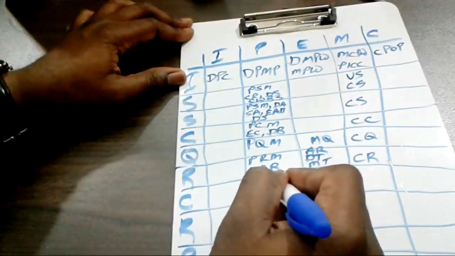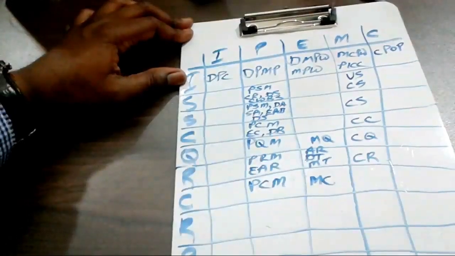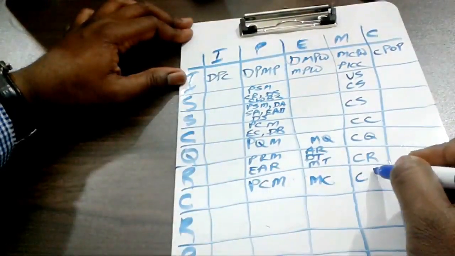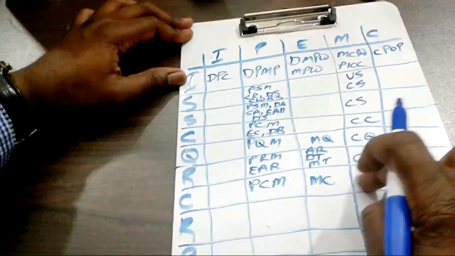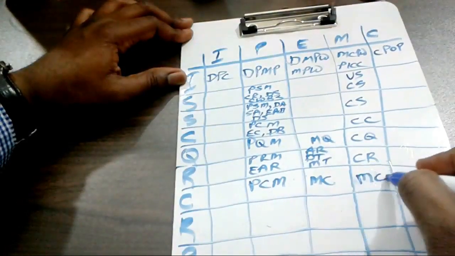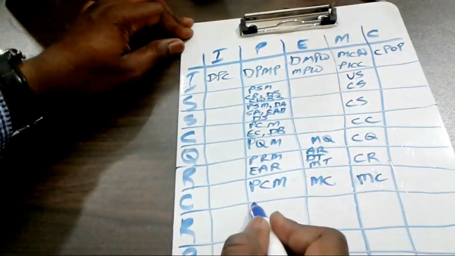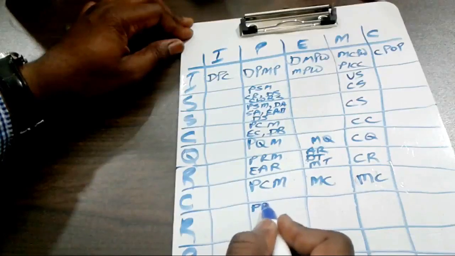Plan communications management, manage communications, monitor. That always gets me. Monitor communications. All right, risk is the 7-headed beast. Plan risk management.